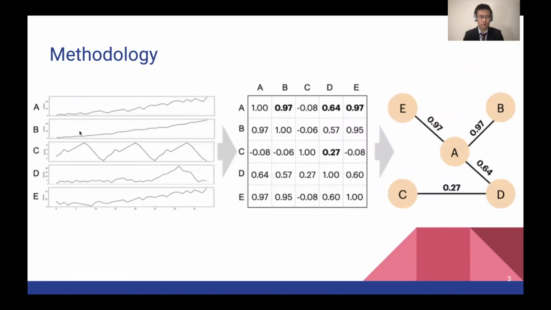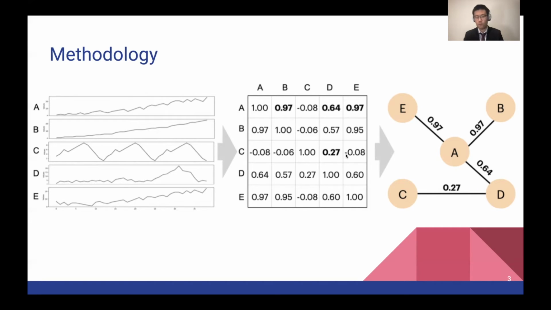Given different time series, like in this case from A to E, first people calculate the correlation matrix. Each value represents the correlation value between a pair of time series. For example, this point, 0.97, is the correlation of time series A and B. After that, we calculate the minimum spanning tree derived from this matrix.